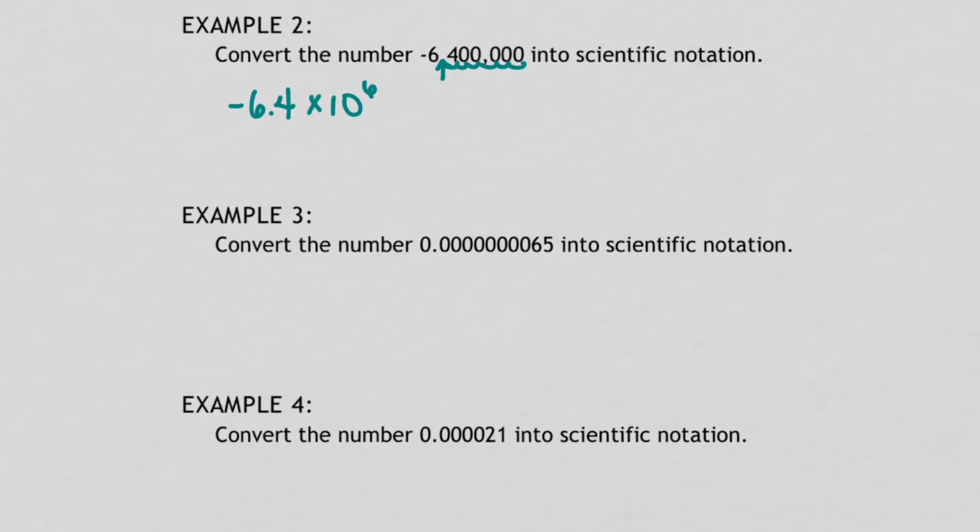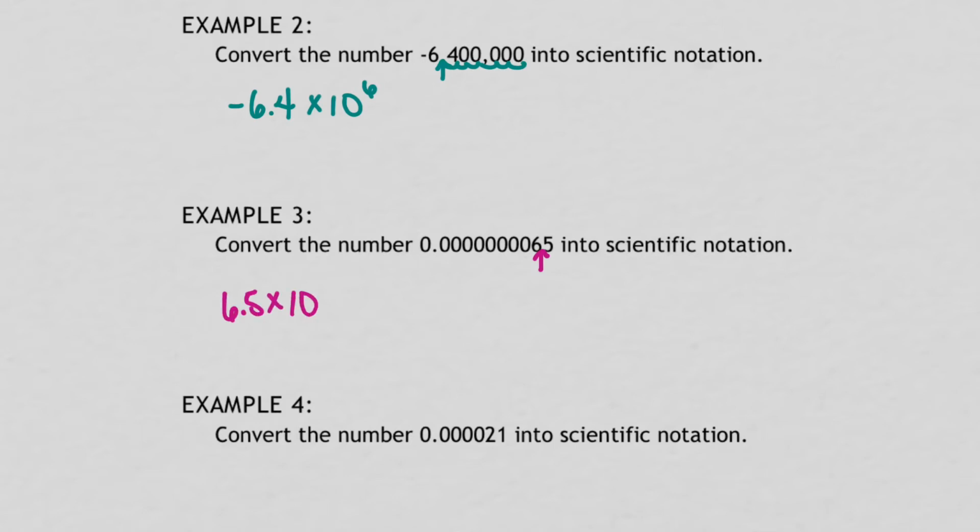Okay, so example 3 is a little bit different. This time we have a decimal number already. It's a number between 0 and 1. So again, we still want our decimal after the first non-zero number. So that would be after the 6.